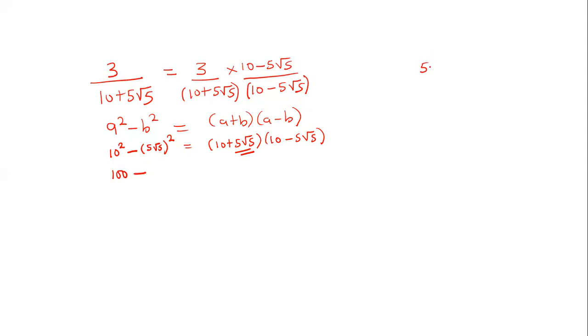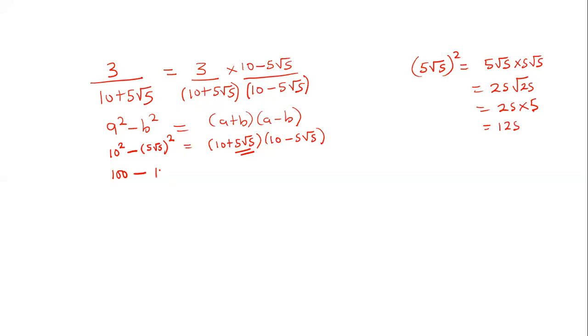Now, 5 root of 5 squared means 5 root of 5 times 5 root of 5, which gives me 25 root of 25. Root of 25 is 5, so 25 times 5 gives 125.